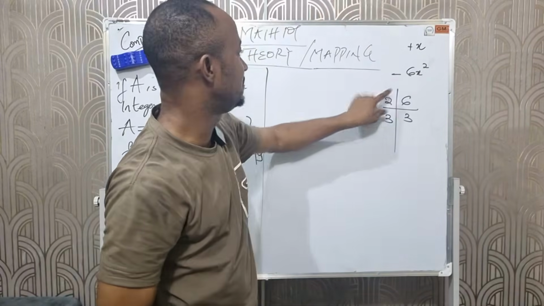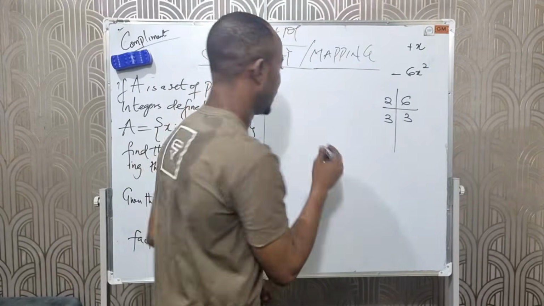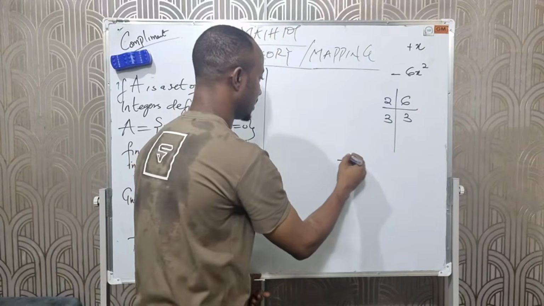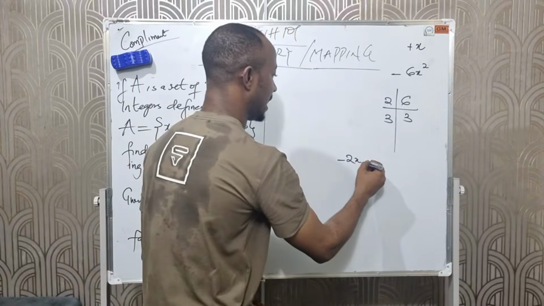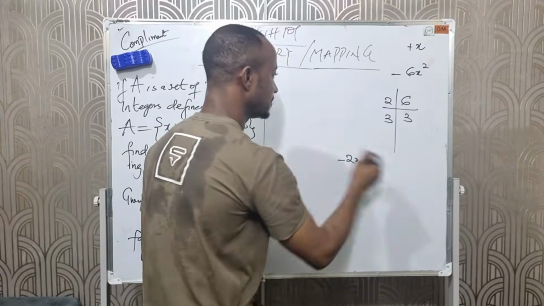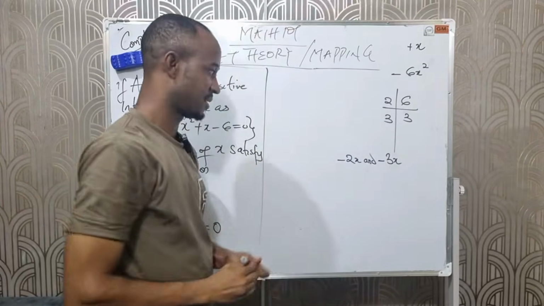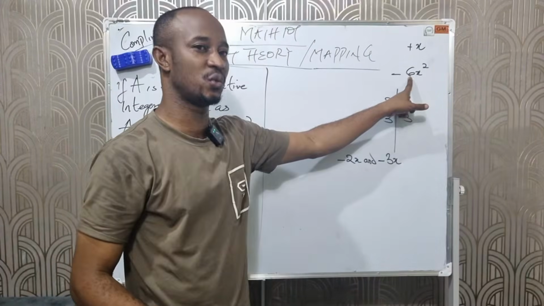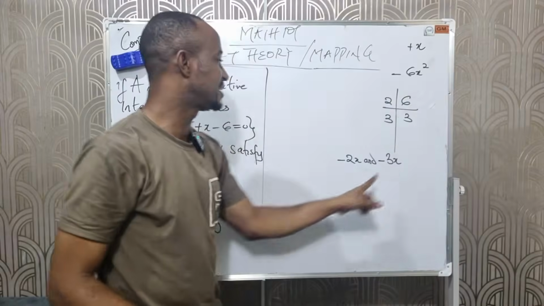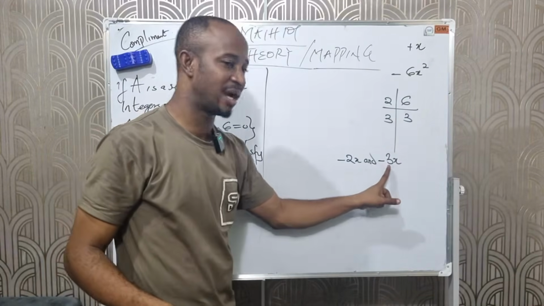Let's see how we can achieve this number here. If I put minus 2x and minus 3x, minus 2x times minus 3x will give us plus 6x squared. So the 2 numbers can never be minus 2x and minus 3x.